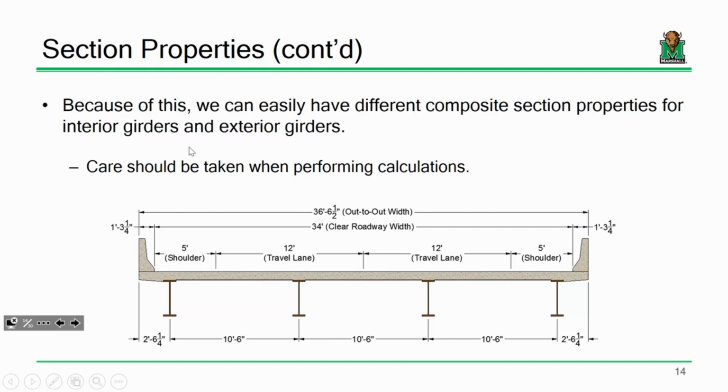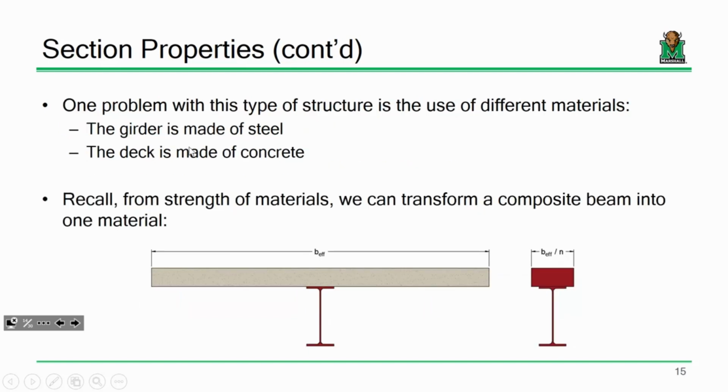That's not 10'6", right? Make sense? Because of that, I can have different section properties for interior girders and exterior girders. So one thing about this course and about bridge engineering in general is make sure you're cognizant of your bookkeeping, okay? Making sure you're well organized with what you do. All right. Sound good?